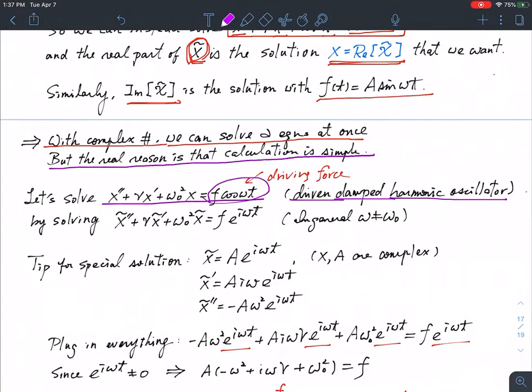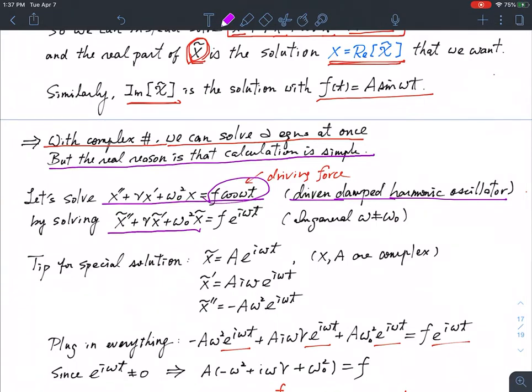So first, let's extend this from the real equation into the complex differential equation. Replace x by x tilde, and the tilde just reminds us that the displacement here is a complex number. Some textbooks don't even remind you anymore and just use x, but here, to distinguish the two, we use x tilde.